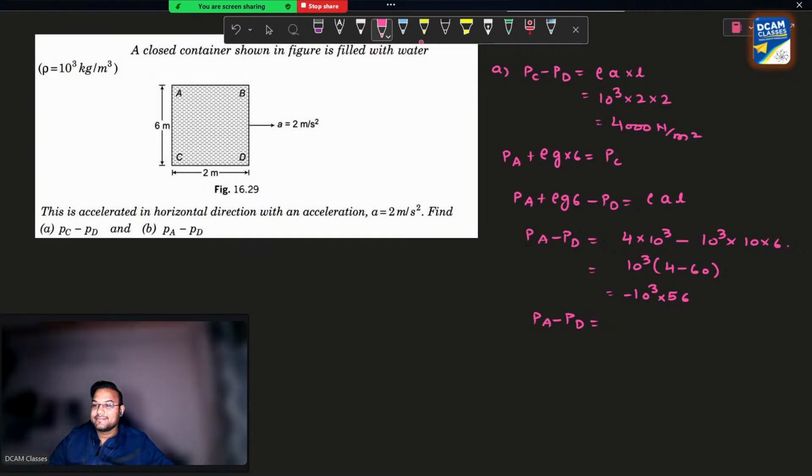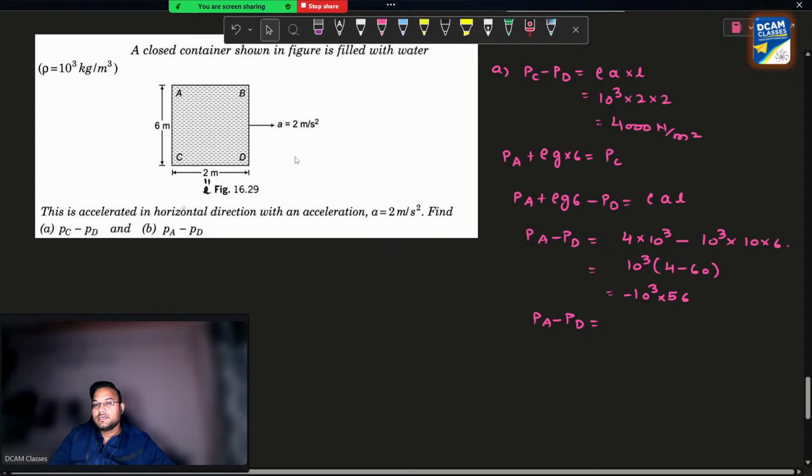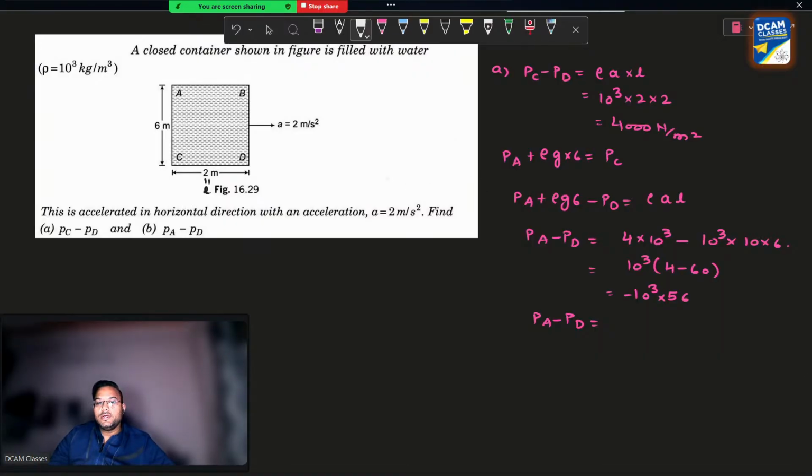So L is the distance, the height between the points that we are finding, C and D. So L is, for A and D, I used Pythagoras theorem. No, it does not work like this. Actually, you know only two things. Pressure difference occurs only in the direction of acceleration. If you want the pressure difference, you can take A and G, the resultant of those two, root over A square plus G square.